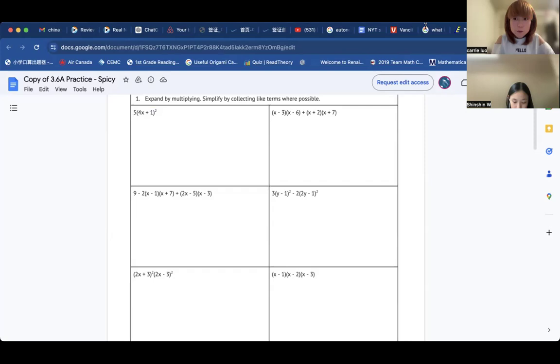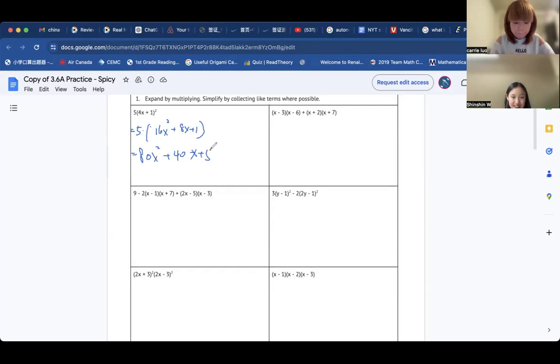For sure, you do the 5 times last, because of bracket, bad math: bracket and exponent are more important than multiplication. So this one will be 16x squared plus 8x plus 1, then times 5. So it's 80x squared plus 40x plus 5.